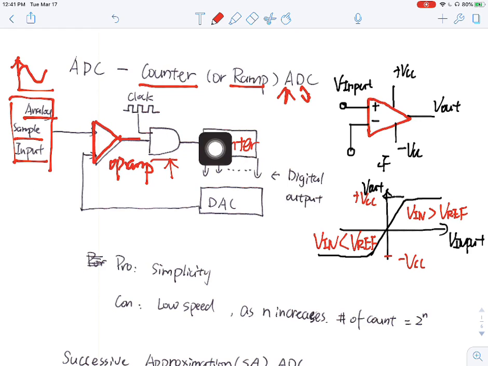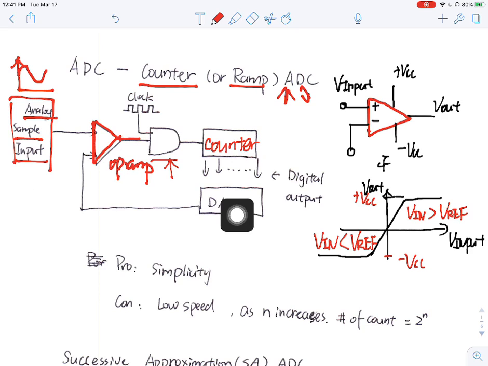So the counter will generate a sequence of binary numbers, and that sequence of binary numbers starts from 000 if this is a 3-bit, and goes all the way to 111, right? And what we learned in the DAC is we can convert that 3-bit number into an analog voltage value, right?